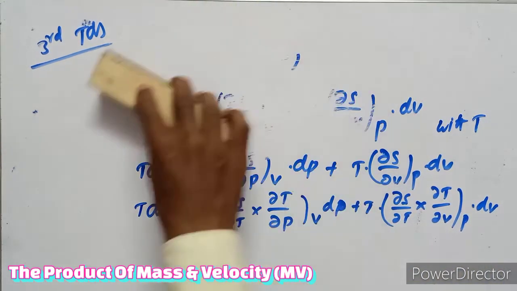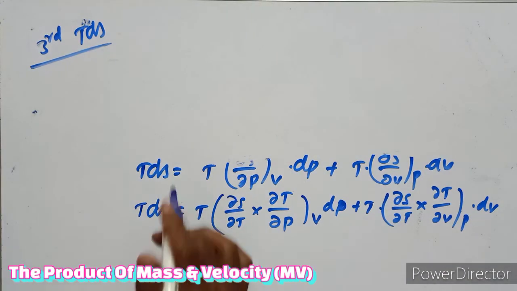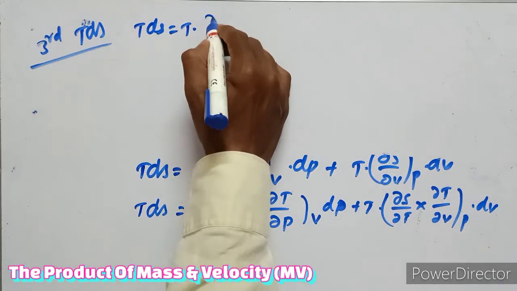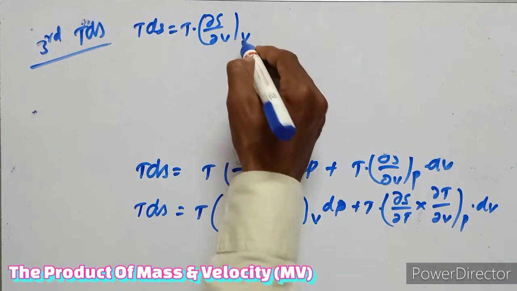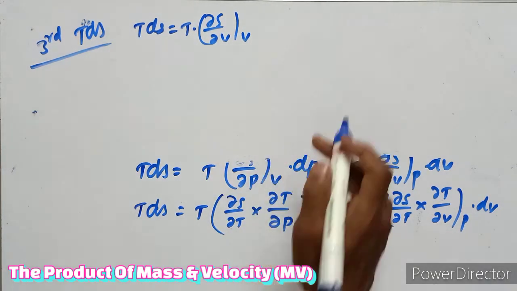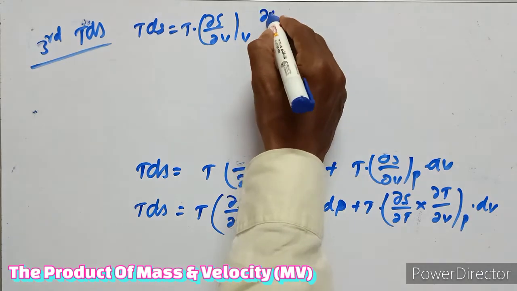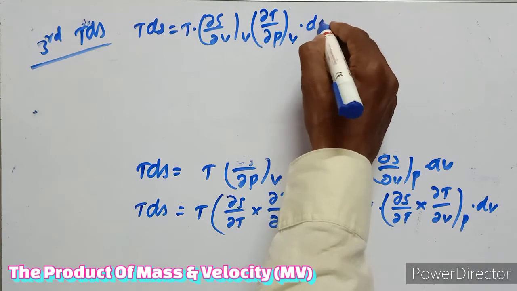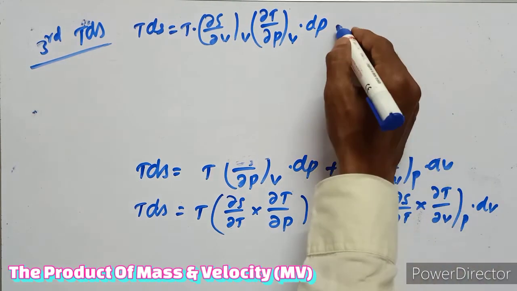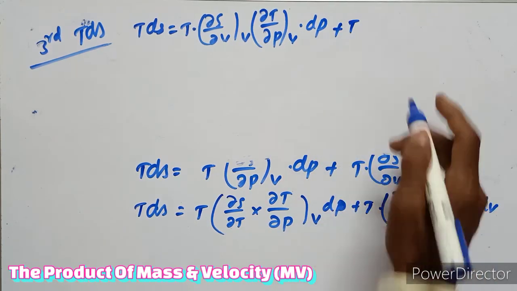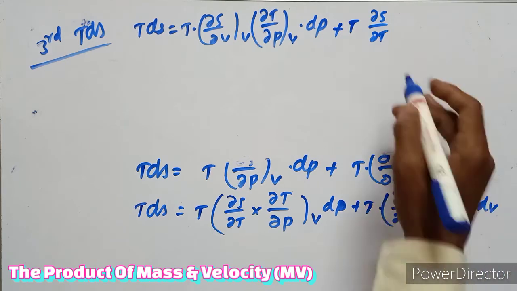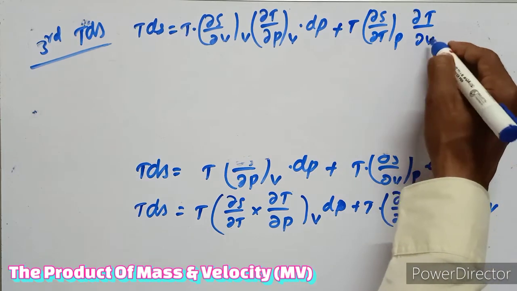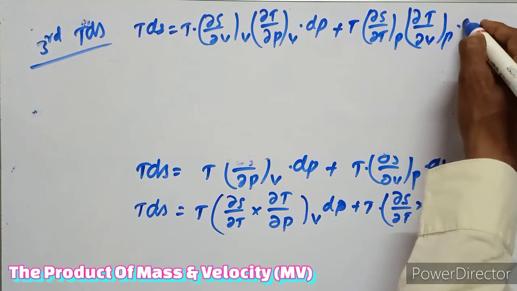So with further simplification, Tds equals T dou s upon dou t at v into dou t upon dou p at v into dp plus T into dou s upon dou t at p into dou t upon dou v at p into dv.